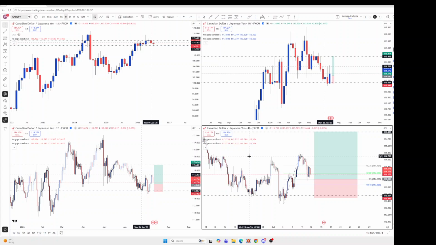Here you can see price had this lower low, and then it's come all the way up here and taken out this swing on the left. I think it actually took out this swing too. Yeah, it did take this swing out, just, but it did take it out. So buyers were taking control in this area, and that's what caught my interest.